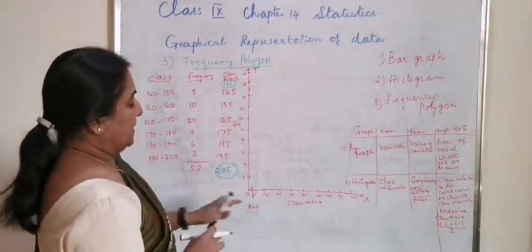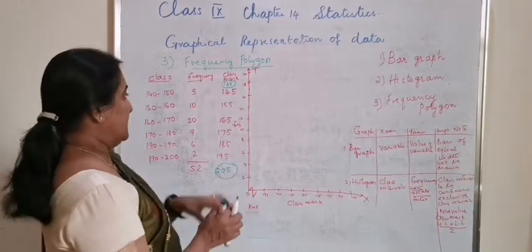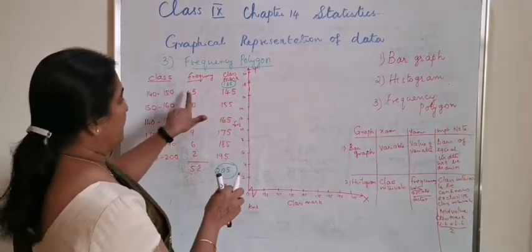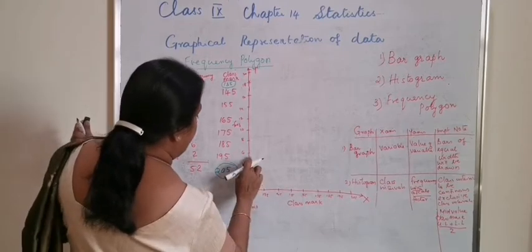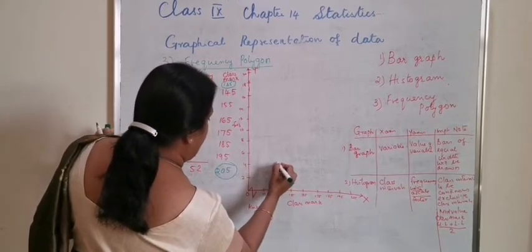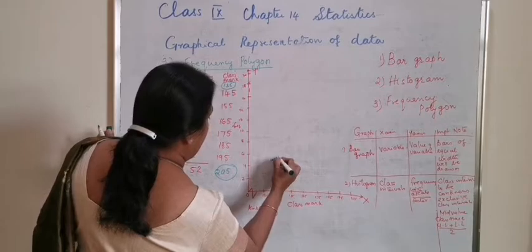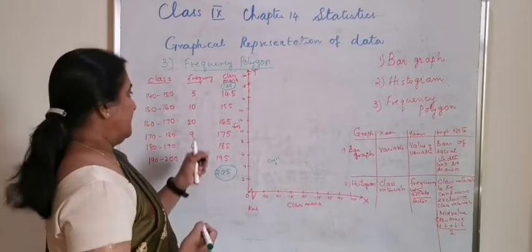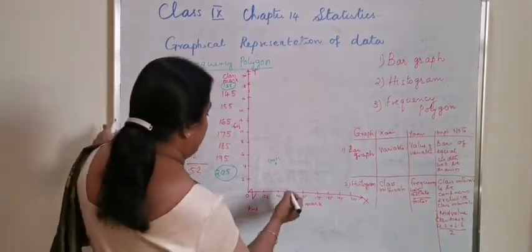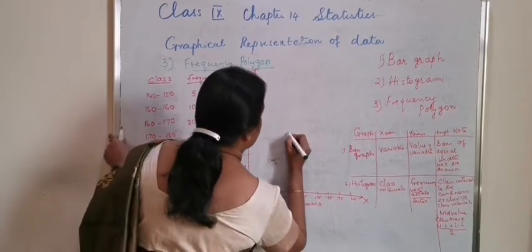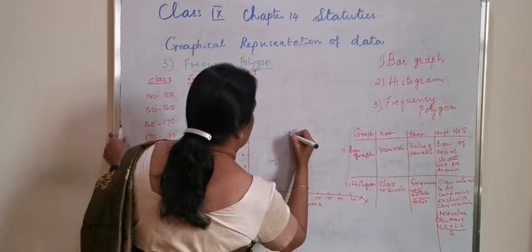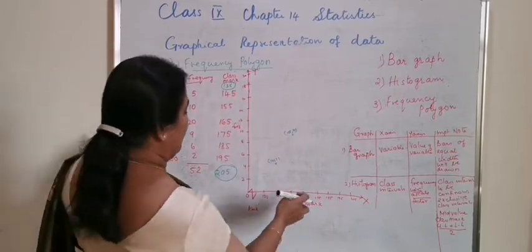Then how to plot the points: 145 with 5. The point 145 with 5 will be approximately taken and you will represent it. The next one, 155, 10. The next point, 165, 20.